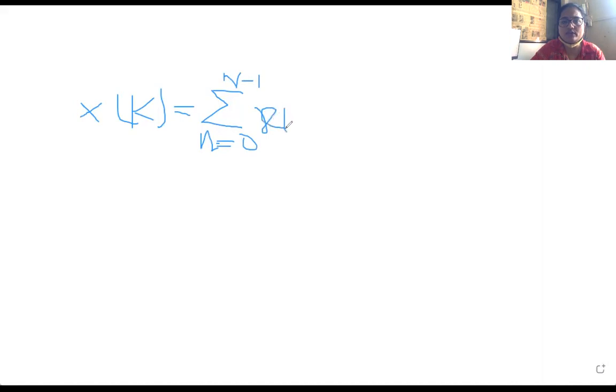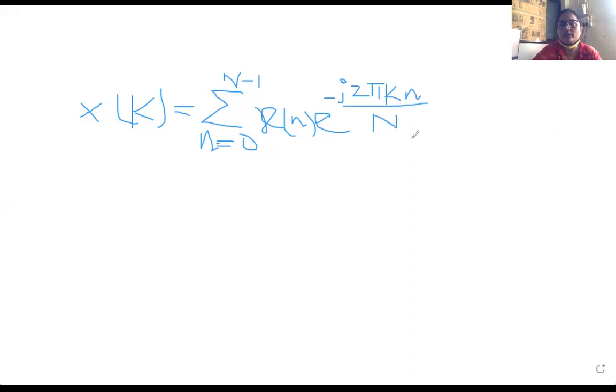So here it is x of n into e raised to minus j 2 pi kn divided by capital N. So this is my formula in order to convert a time domain signal into the frequency domain.